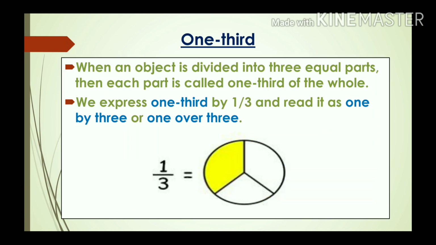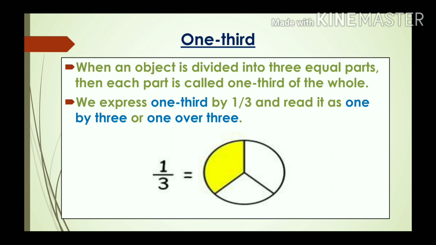Now next one is 1/3. Students, when an object is divided into three equal parts, then each part is called 1/3 of the whole. So we can express 1/3 by 1 by 3 and read it as 1 by 3 or 1 over 3.